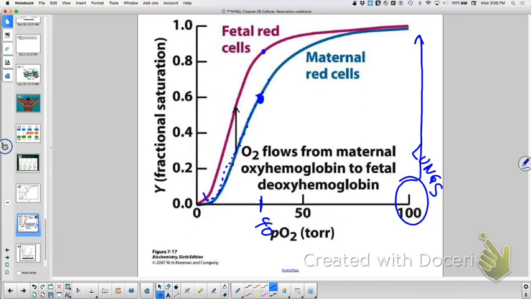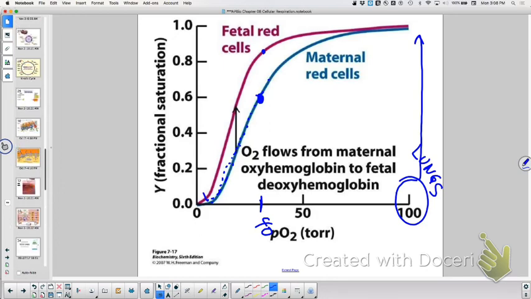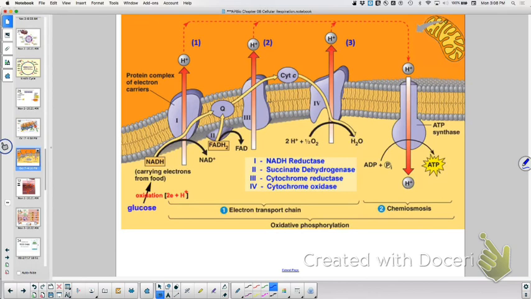Oxidative phosphorylation is what we're doing in this chapter right here. In order to make our ATP, a lot of it, we're using a hydrogen ion gradient that was made because oxygen was the final electron acceptor in an electron transport chain.